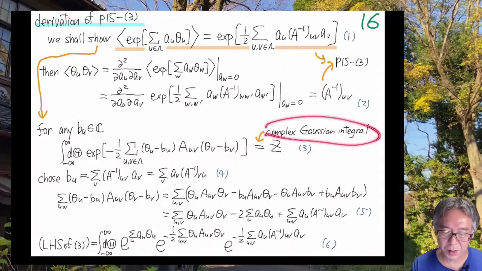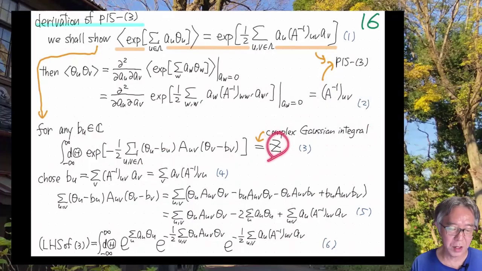You consider something called a complex Gaussian integral, and you will still find that you get the same result. So we use this, and since this is arbitrary, we make this choice. We choose BU to be AV times A inverse UV. Or, since A inverse is also real symmetric, you can write the same thing in this way.